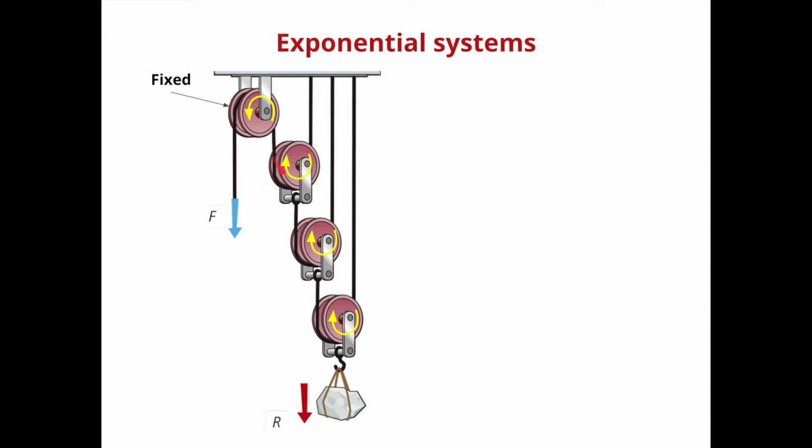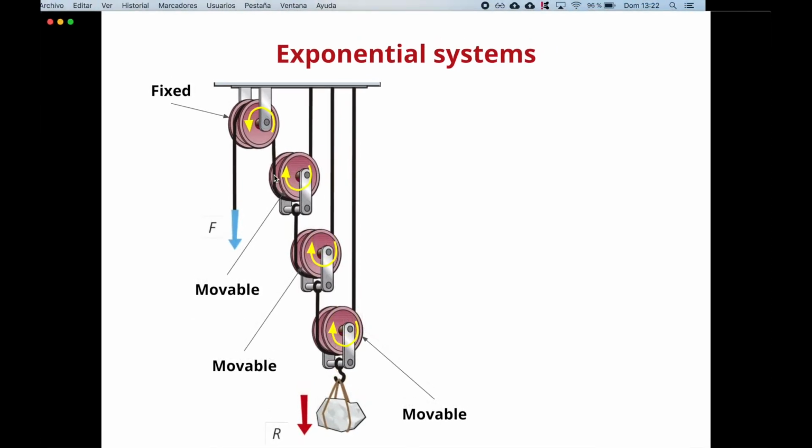They are attached to the roof and to the other pulleys with the rope, so they will move up. So movable, movable, and movable. So 3 movable pulleys. And now, in order to see the equations and the formulas, I'm going to move to another application to explain it.